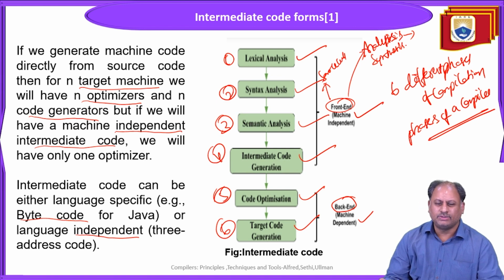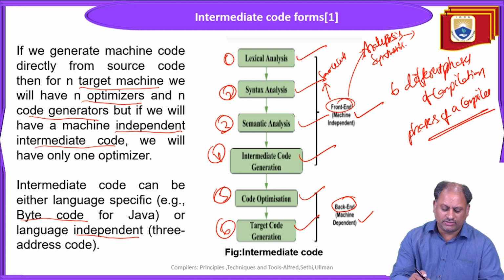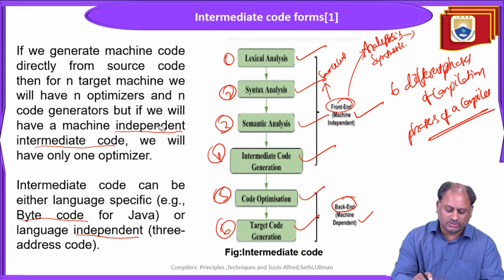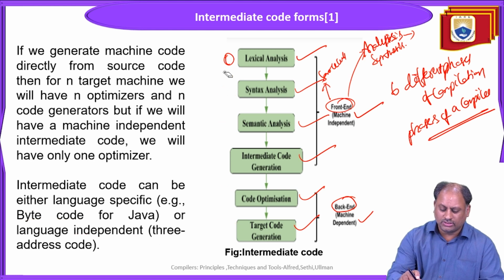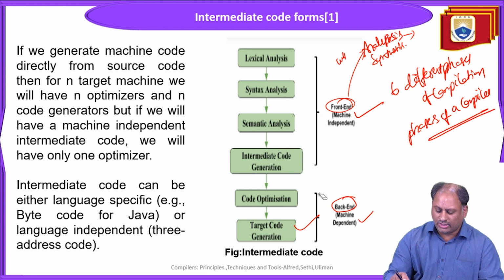Because language specific features can be developed with it, and it contains bytecode information for the Java language, and language independent features available in three address notation, and then the optimization process occurs. In this way the sequence of each and every operation comes into the picture, and portability is achieved successfully.